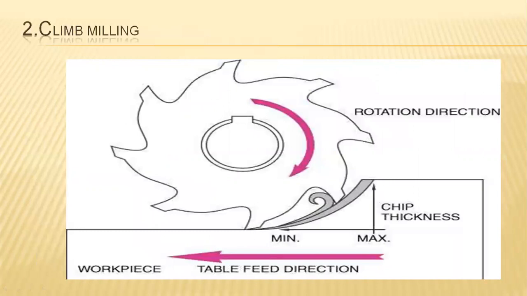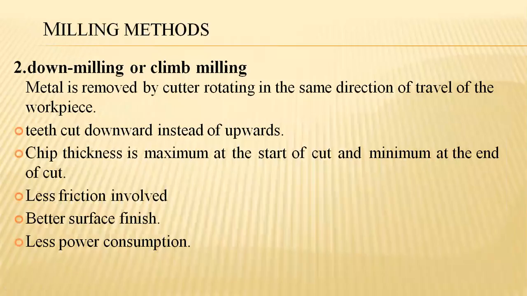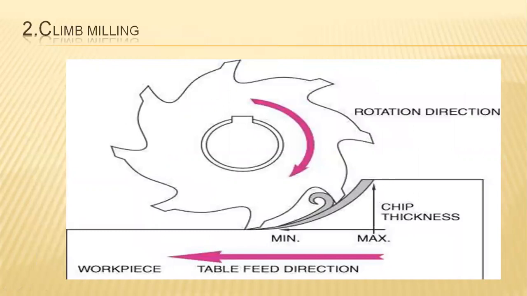Particularly in this climb method, the second method or downstream method we will be calling. In this, the rotation of the tool is very similar in both conditions. But in the same rotational strategy, only the work part is driven for the MRR process.